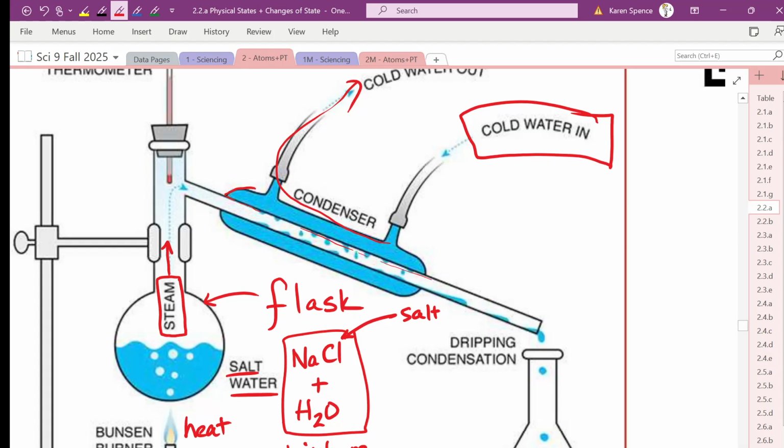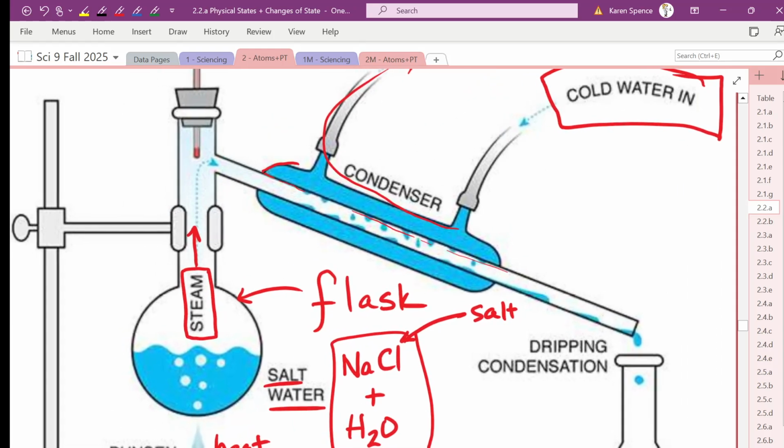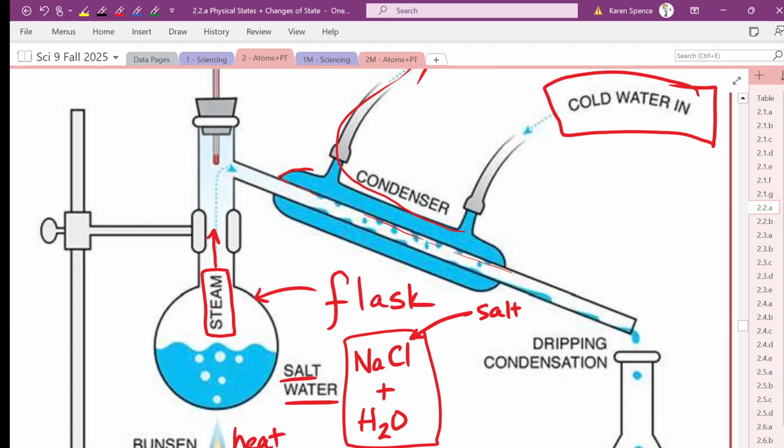It becomes water again. What's that word for when the steam becomes water? Condensation. Remember on the bathroom mirror when you take a shower, what do you get on the mirror? Condensation. So this is called a condenser tube. The water's going to come out and condense, and we're going to end up in here with water.